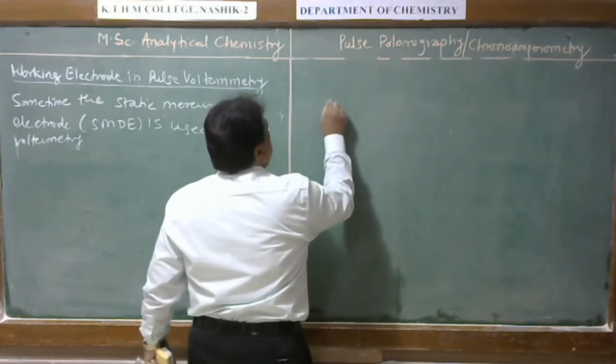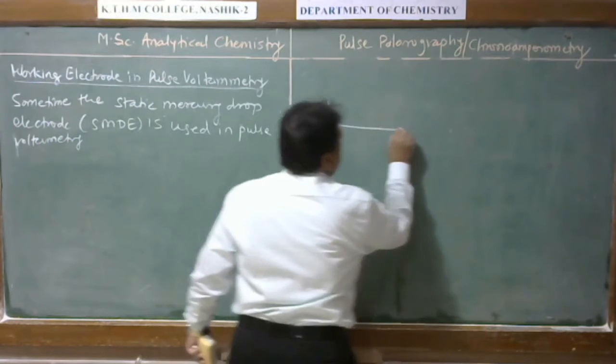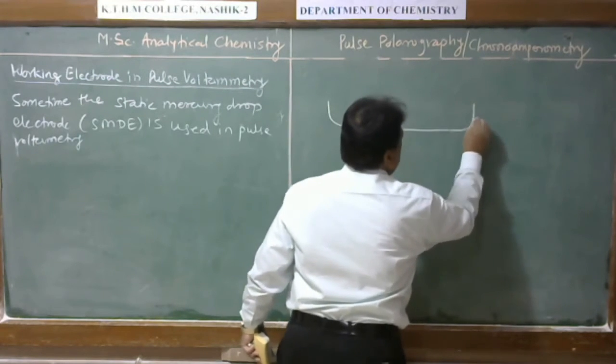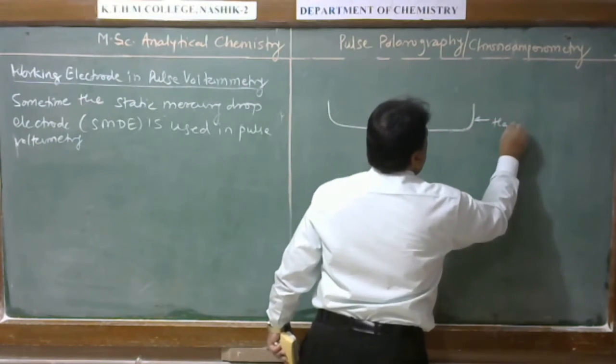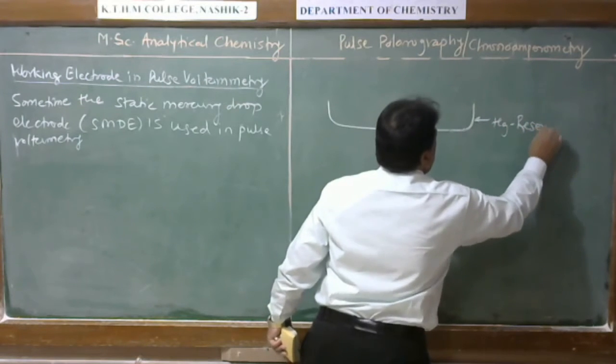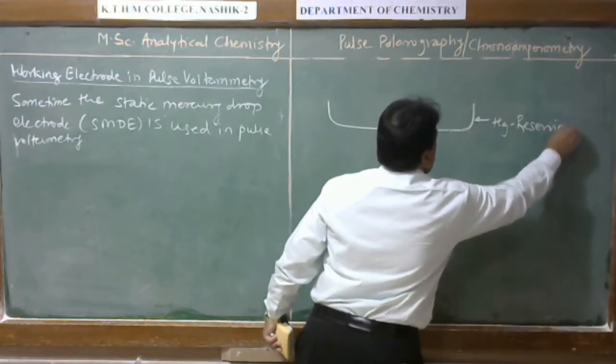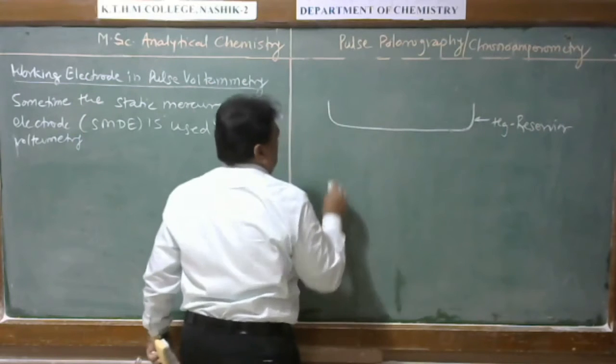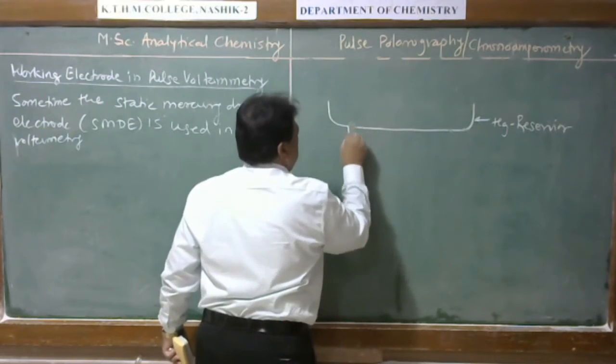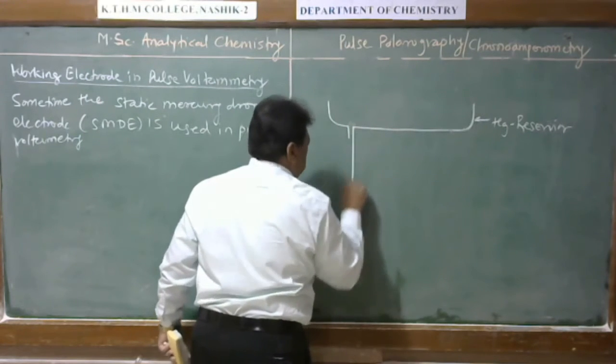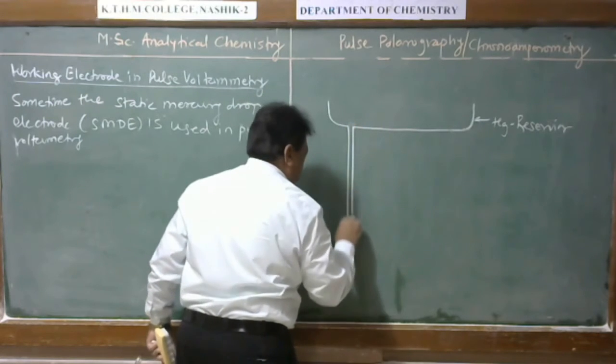A static mercury drop electrode consists of a mercury reservoir, Hg reservoir, one end of which is open and connected to a fine glass capillary.